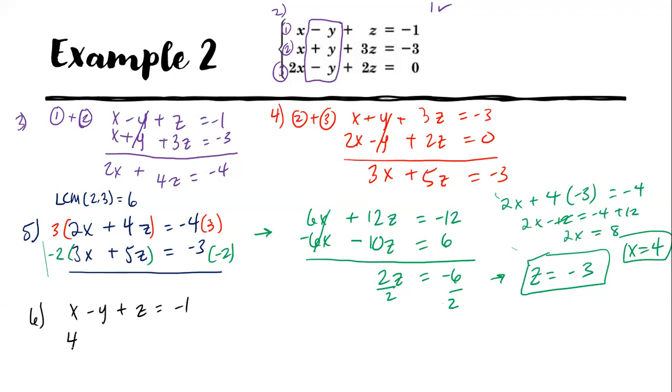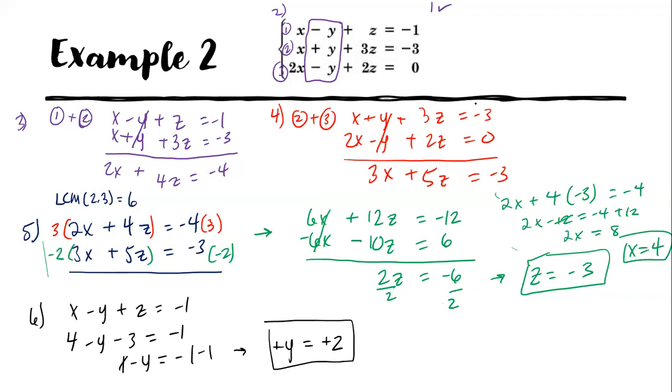So x is 4, z is -3, and it equals -1. 4 and -3 makes 1, so I have 1 minus y equals -1. I'm going to subtract 1 from both sides, and that leaves me with -y equals -2. Multiply both sides by -1. So y equals 2. So my solution is parentheses 4, comma 2, comma negative 3.